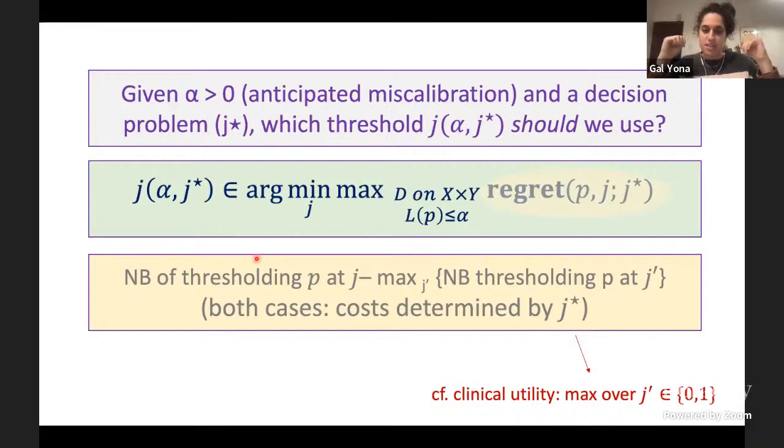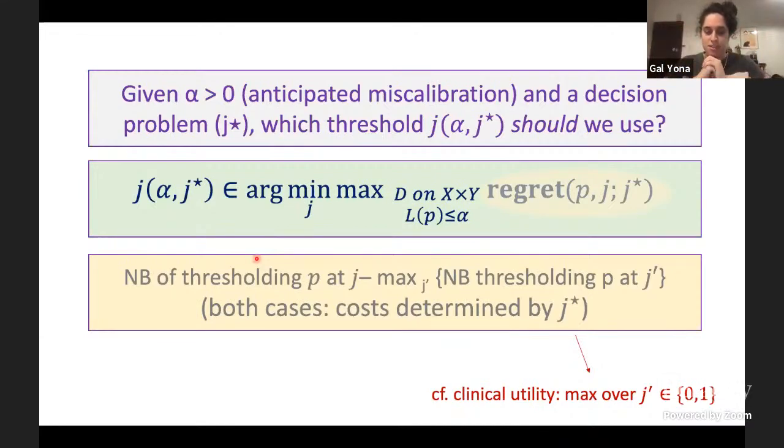If you remember this notion of clinical utility, you should see that this is a generalization of it, in the sense that for clinical utility, we competed only against two particular thresholds, 0 and 1, treat all and treat none. And here I'm saying, I also want to measure myself against every possible threshold, in particular the best one.